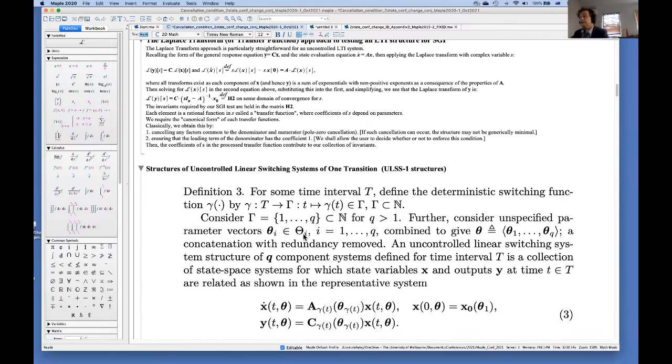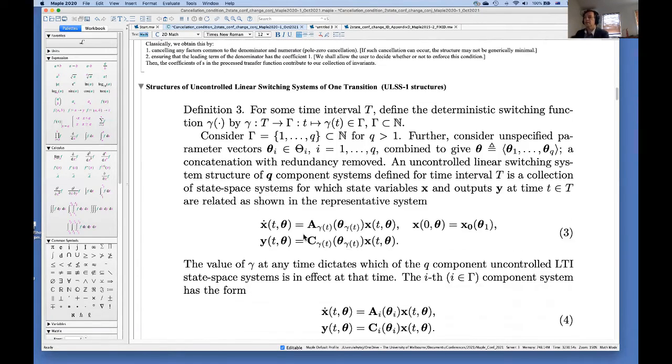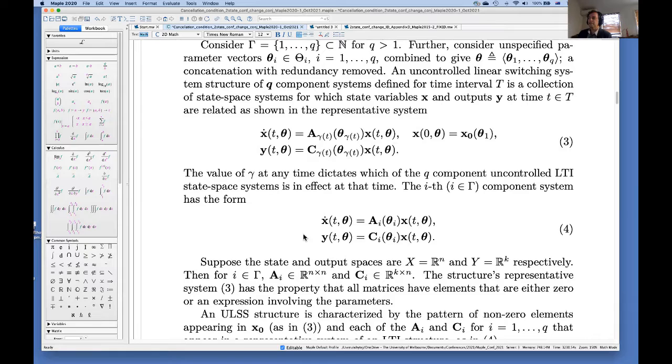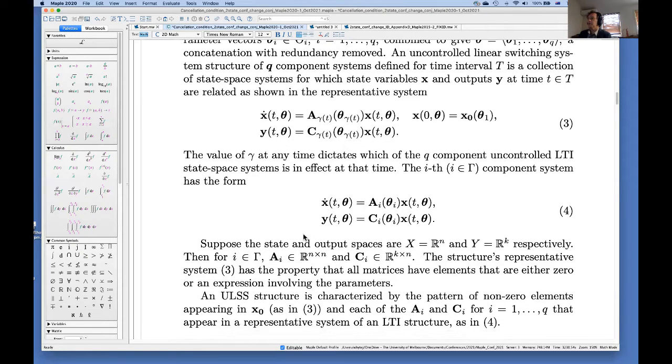However, we're looking at linear switching systems, and I've realized that, like a bird entering a room, I've made a terrible mistake in loading up the theory here. But for today, we're just going to worry about that there is a switch, which is this gamma, and we have linear time invariant structures in effect at each time point, but the switch will determine which of a collection of those structures is actually in effect.